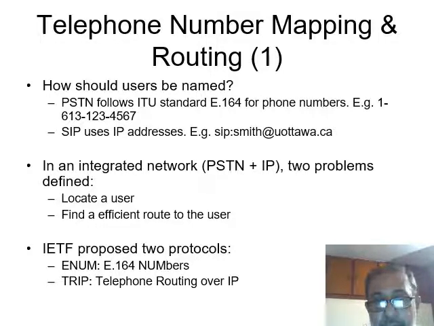For an integrated network, two problems are defined. First of all, locating the user. Secondly, finding an efficient route to the user. So IETF has proposed two protocols. First of all, ENUM, in which we have E.164 numbers, and then TRIP, which is basically telephone routing over IP.